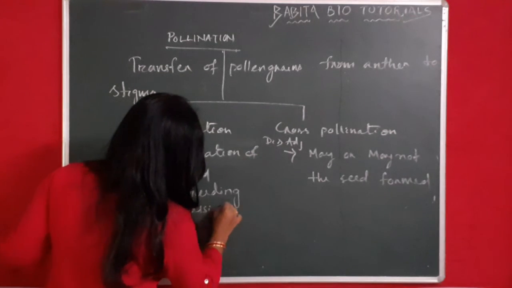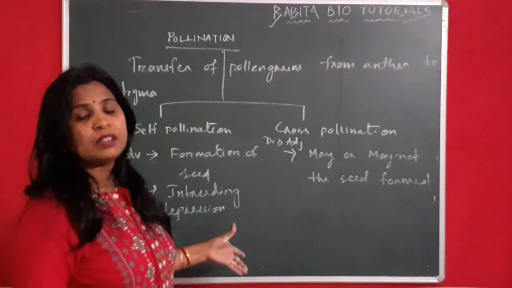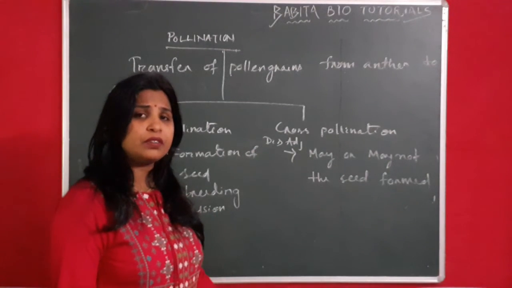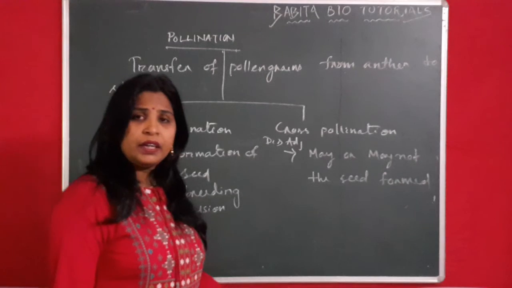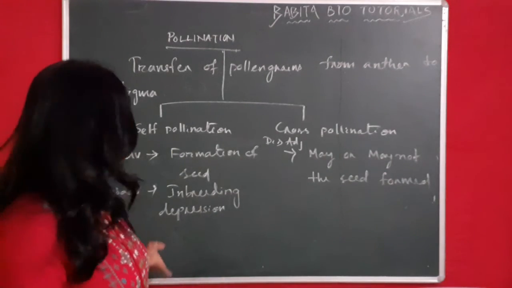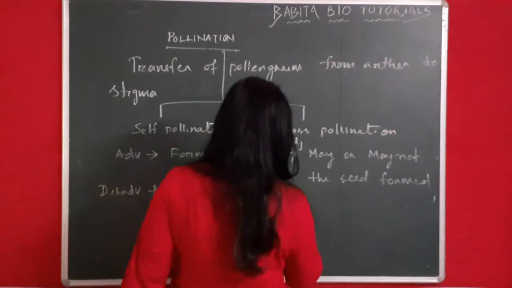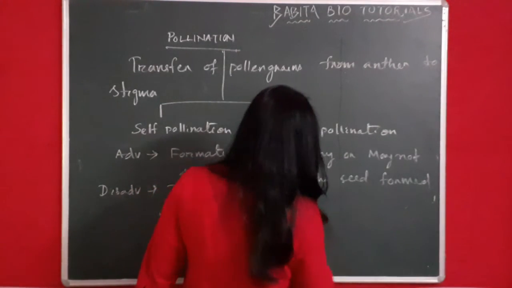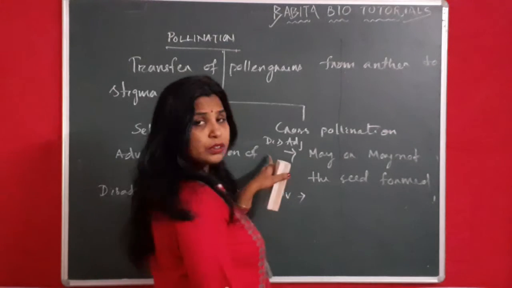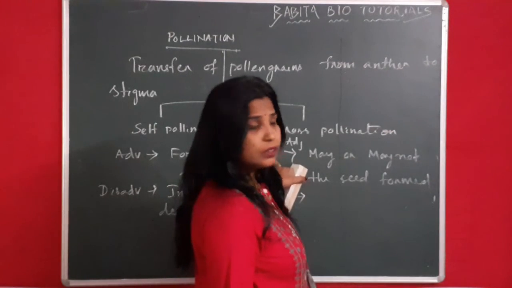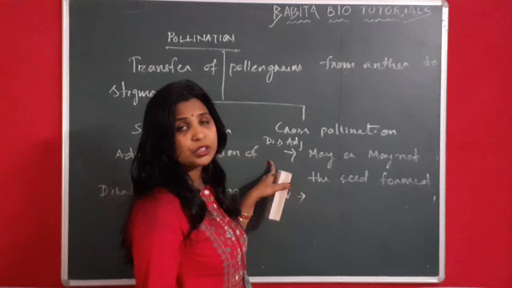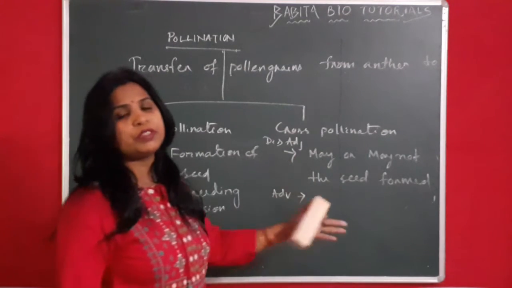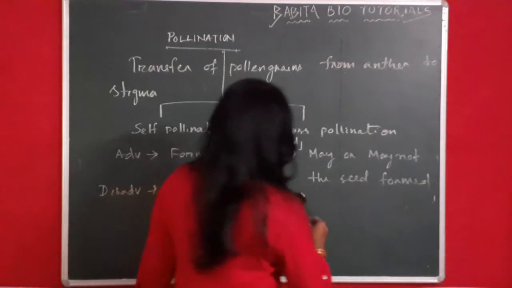The progeny formed by self-pollination does not survive well in a changing environment. There is no evolution. But the advantage of cross-pollination is that the progeny formed gives rise to evolution, and it copes very well with the changing environment.